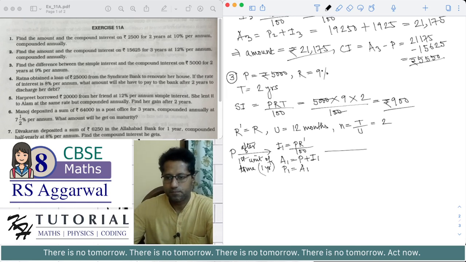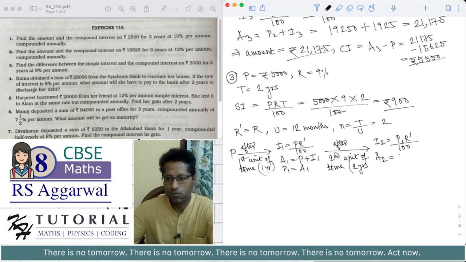Now again, after second unit of time, which is 2 years, we have the interest I2 is equal to P1 R dash by 100. The amount A2 is equal to P1 plus I2.